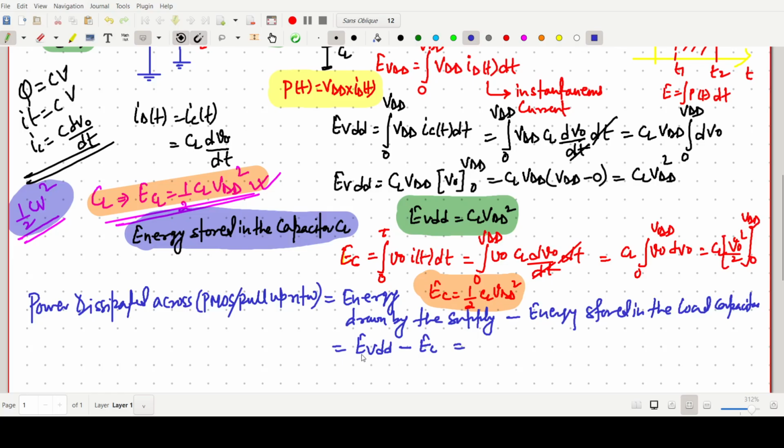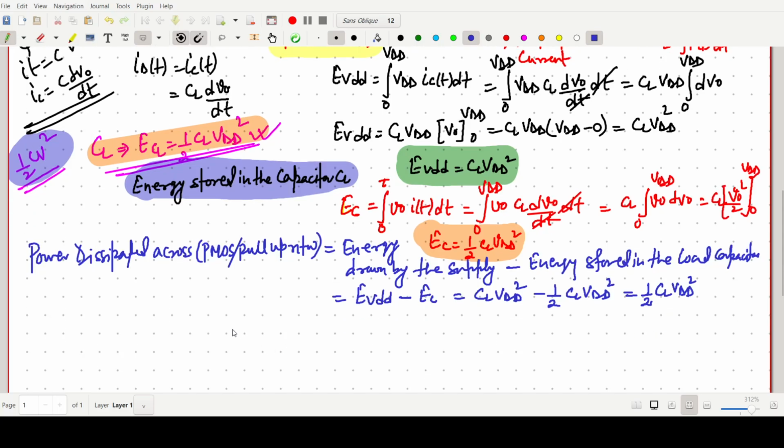So the energy drawn by the supply is CL VDD square, and the energy stored in the capacitor during the low input is 1 by 2 CL VDD square.